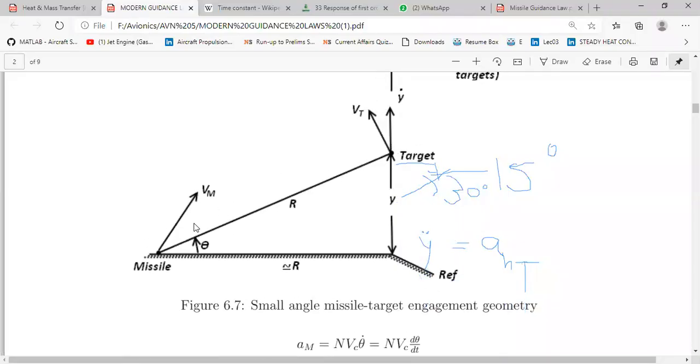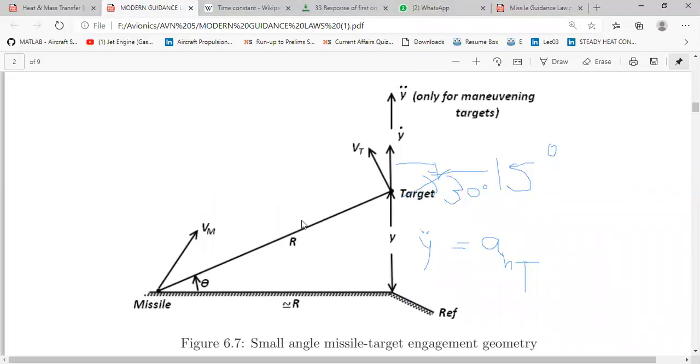Now we have joined the target and missile, that is your line of sight, and the line of sight here is R. Now for proportional navigation, the velocity Y dot and Y double dot, that is your vertical velocity component of the target and vertical acceleration component of target, is 0. Okay, only we are considering Y.